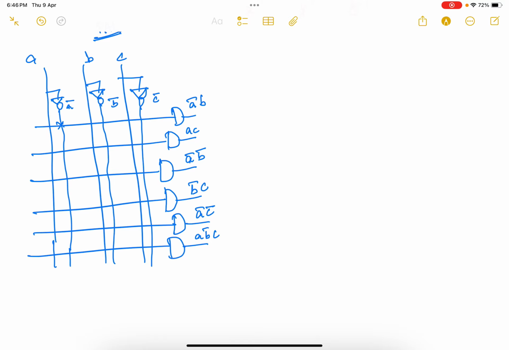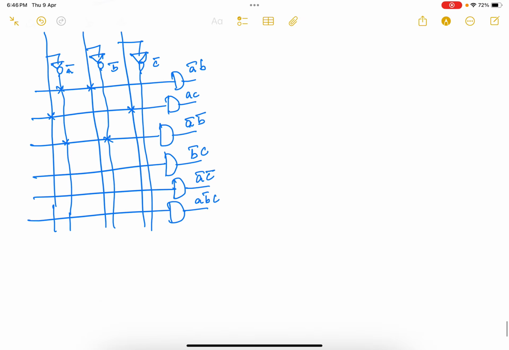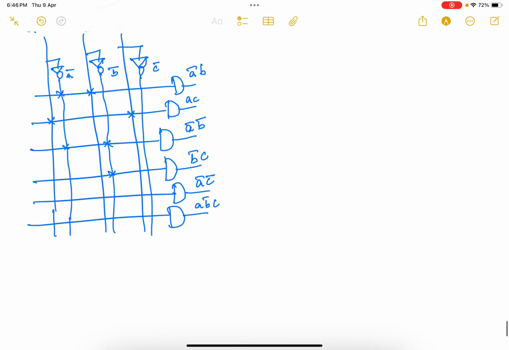The first one should be connected with A bar B, second with AC, third with A bar B bar, fourth with B bar C, fifth with A bar C bar, and once again the last should be A, B bar and C.